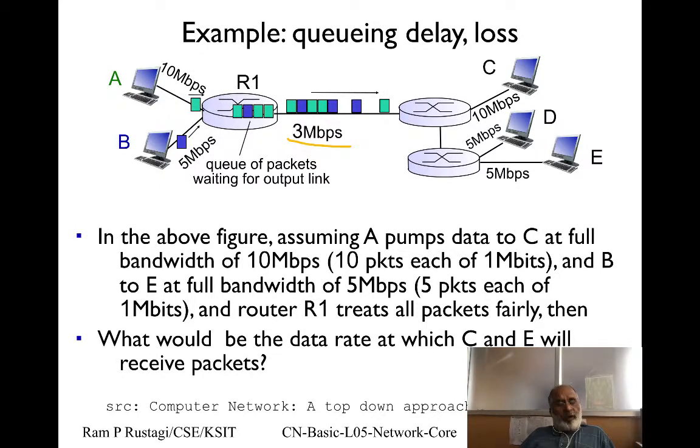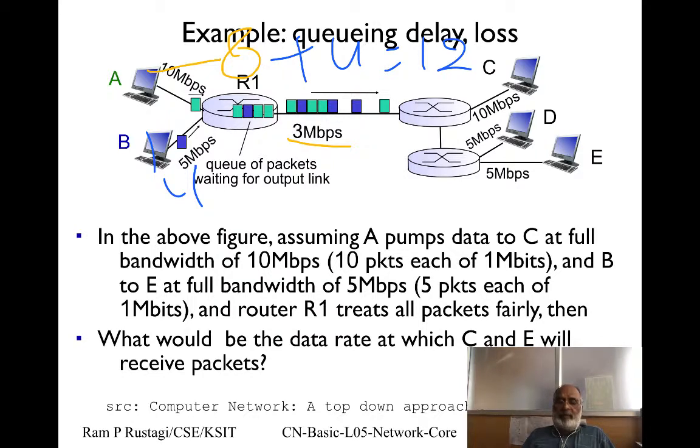It is going to drop 12 packets, and since it treats all packets equally, since full packets are coming in, R1 will drop 8 packets of A and 4 packets of B. That makes 8 plus 4 equal to 12, and that means B will be sending 1 packet per second and A will effectively be sending 2 packets per second on this router link.